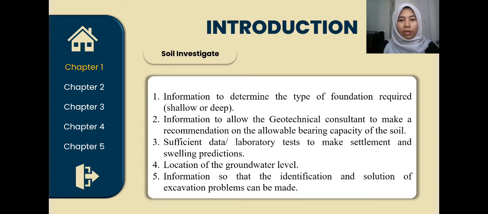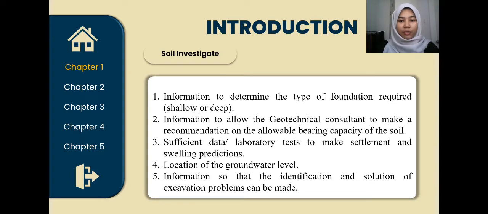The underground condition at a site is a prerequisite to the economical design of the substructure element. The purpose of the soil investigation was to provide the following. First, information to determine the type of foundation required, shallow or deep. Second, information to allow the geotechnical consultant to make a recommendation on the allowable bearing capacity of the soil.